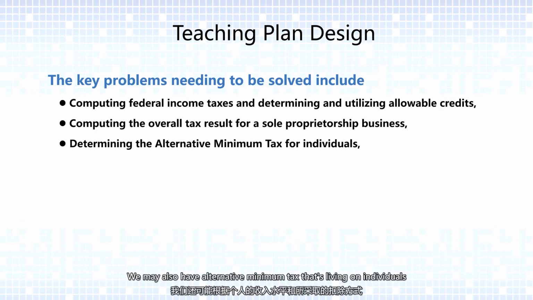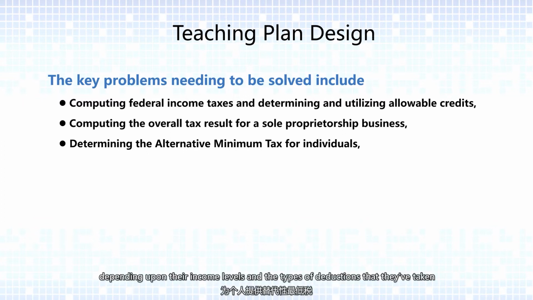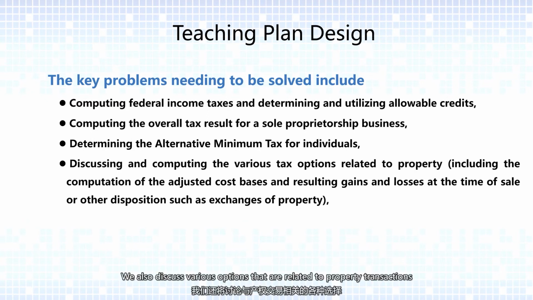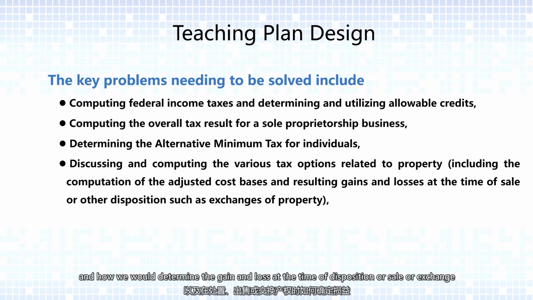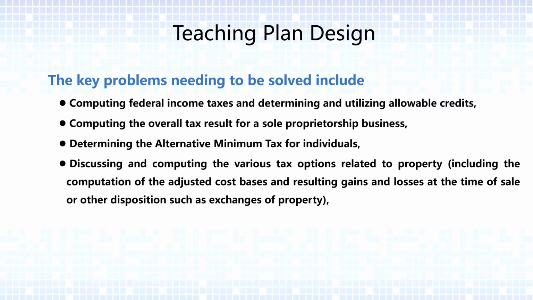We may also have alternative minimum tax that's levied on individuals, depending upon their income levels and the types of deductions that they've taken. We also discuss various options related to property transactions, including the tax basis or the cost basis of the property and how we would determine the gain and loss at the time of disposition or sale or exchange.